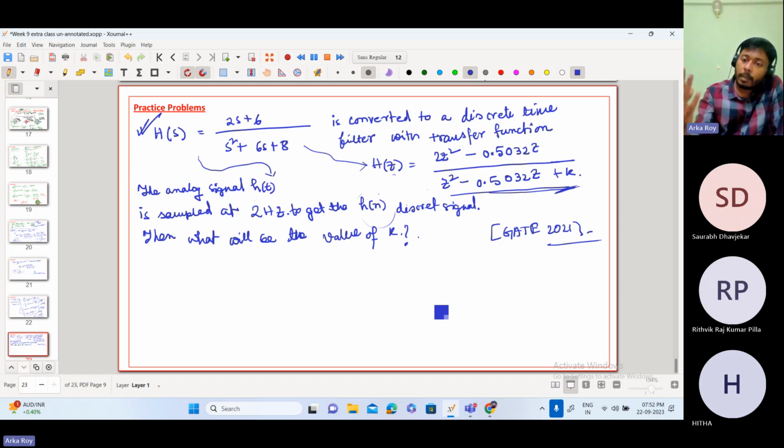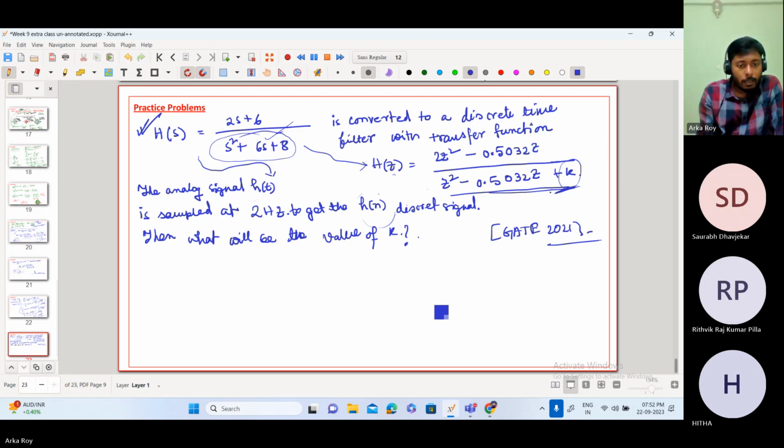So if I am able to find the poles of the Z domain, I will be able to find the value of k. So I need to find the value of the poles in the S domain. If I get the value of the pole in the S domain, I will convert it into the pole of the Z domain, and then I can find the k value that has been asked.